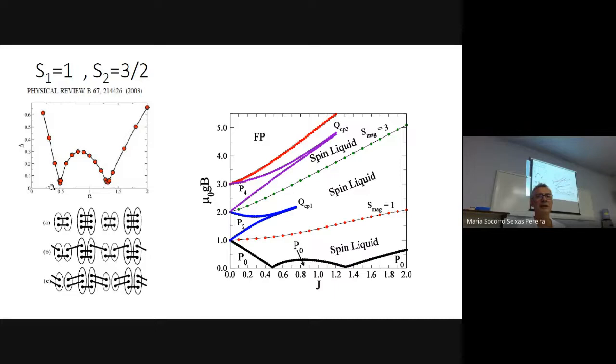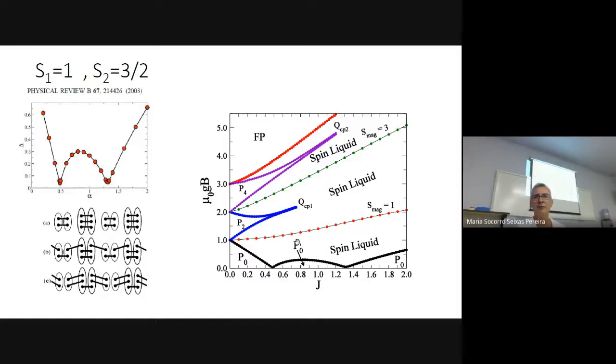As the ratio between the exchange couplings changes, we go from one ground state to the second one and to the third one. We have two Gaussian phase transitions. And from these 3 possible phases, just the intermediate one generates edge states. The first one and the last one have no edge states.